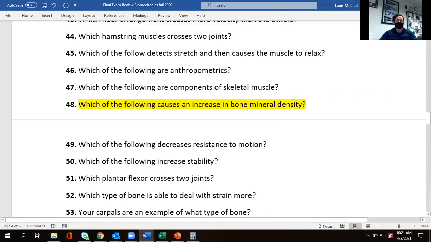But what's going to cause this increase? Well, it's going to be increased loading, then amplitude. So anything that's going to really cause us to deal with impact.